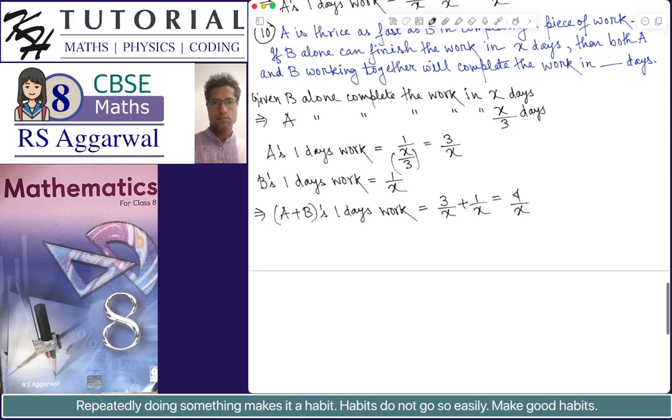So A plus B's 1 day's work is 4 by x. Now 4 by x can be written as 1 by x by 4.